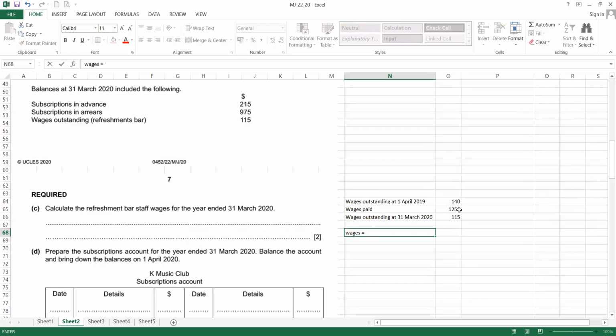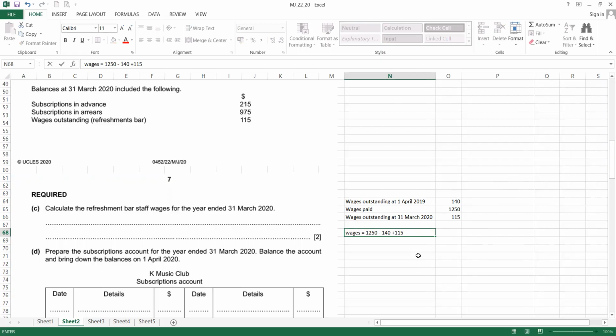Opening, the whole year we pay is 1250. Beginning of the year we owing, this one is for the last year, so we have to minus 140. This is only to calculate for the year. And this year end had still got outstanding, which is 115.